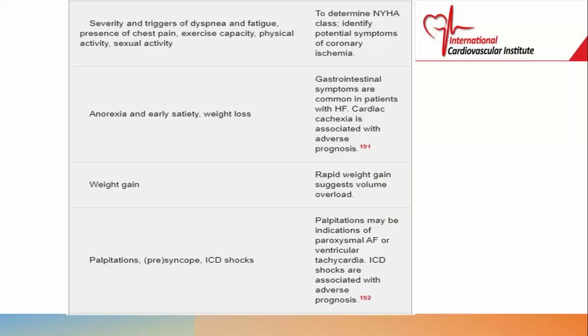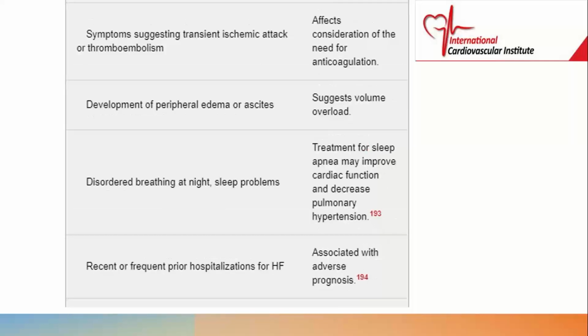So they may have atrial fibrillation. They may even have ventricular tachycardia. If they tell you they have ICD shocks, it may be a ventricular tachycardic episode that they got shocked for. So that history is going to be key. You have to know the questions to ask them.